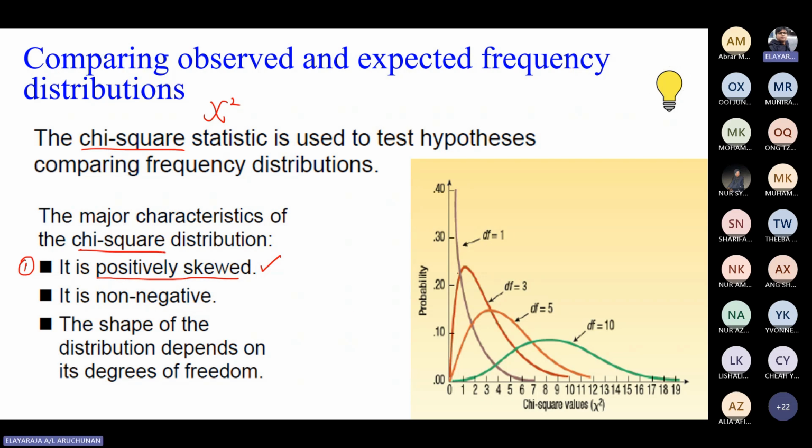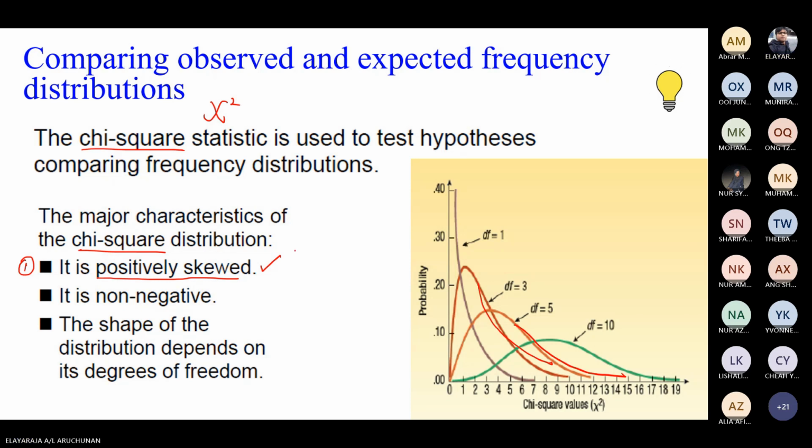You see that the curve just goes down, and it does not touch the x-axis, remember. The mass is shifted towards the left, and we call it positively skewed.